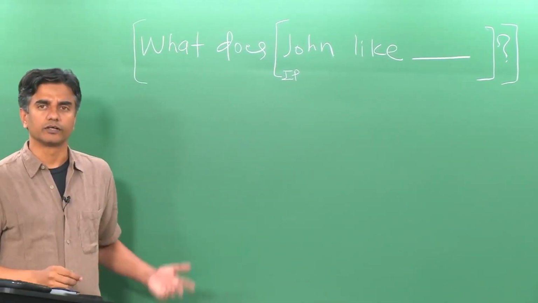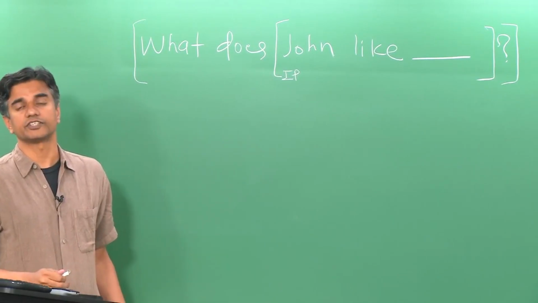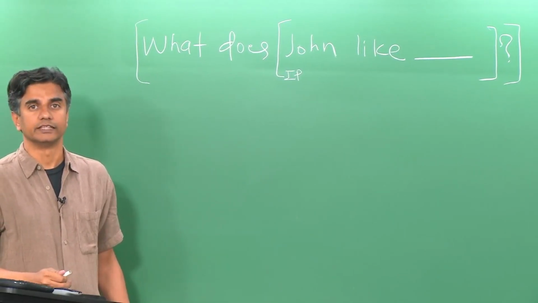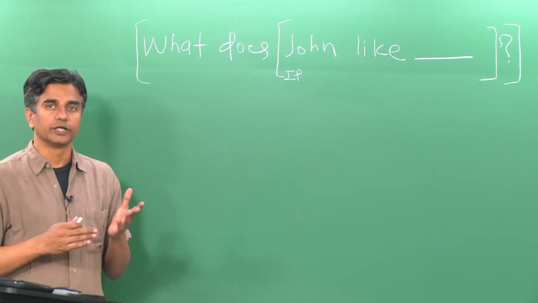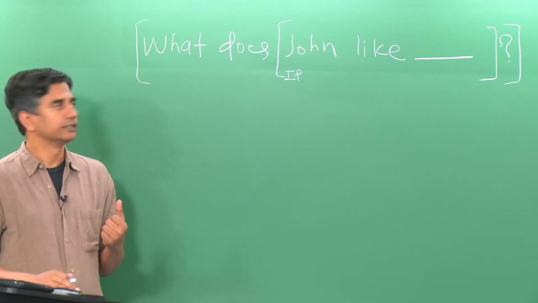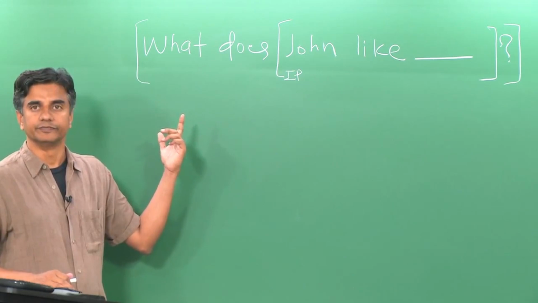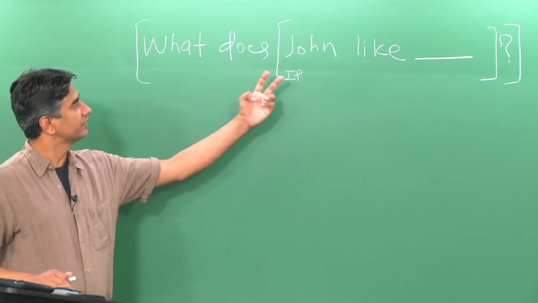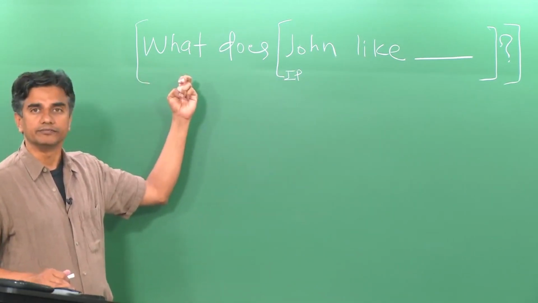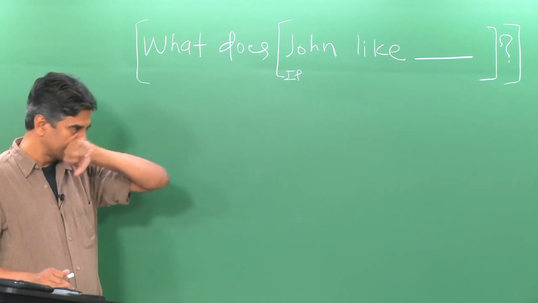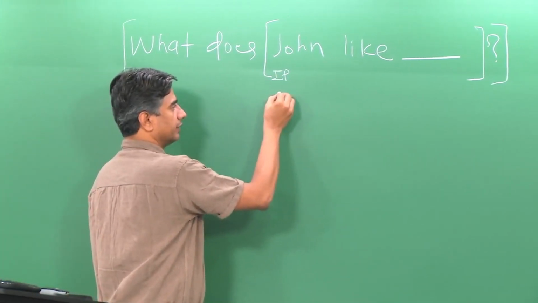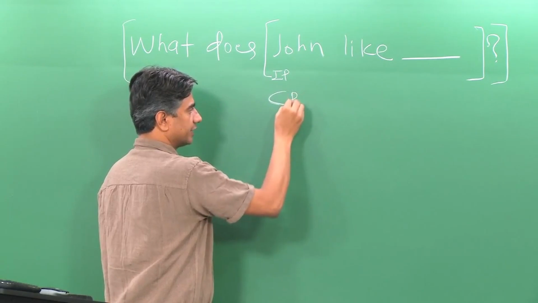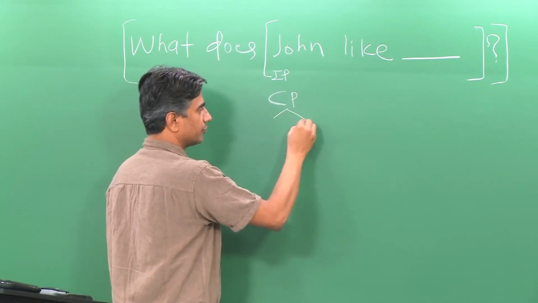So how does this work? Where does this go in the structure that we have seen so far? The structure of IPs does not help us explain this sentence, because we see some of the elements outside IP. So this is how it works. So let me do this first, and then I'll explain this to you.